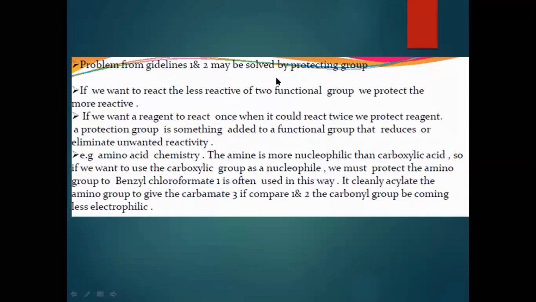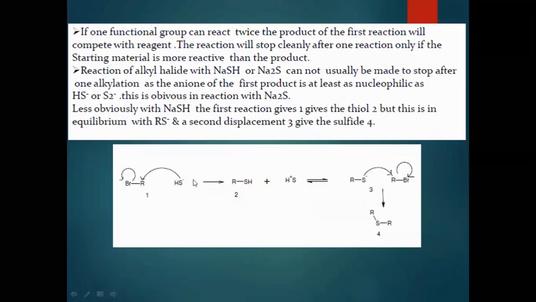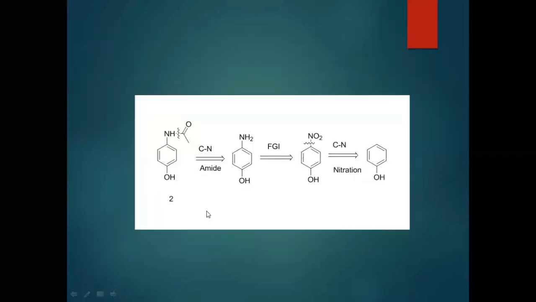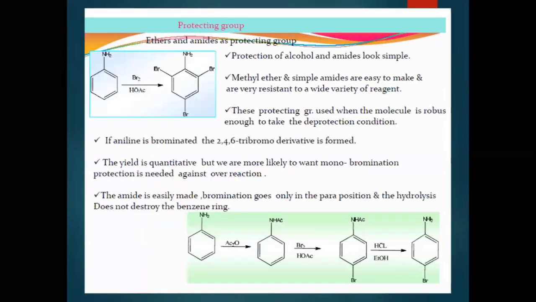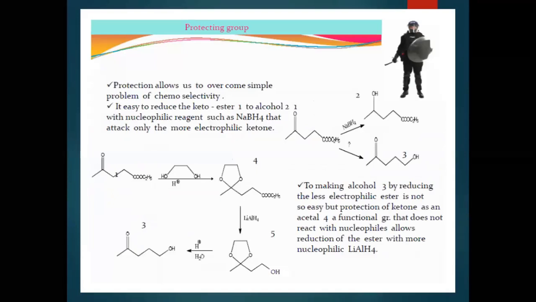The problem from 1 and 2 may be solved by a protecting group. If you want to react the less reactive of two functional groups, we protect the more reactive one. Suppose you have two functional groups, one more reactive and another less reactive, and you are not interested to perform the reduction reaction over the C double bond group.